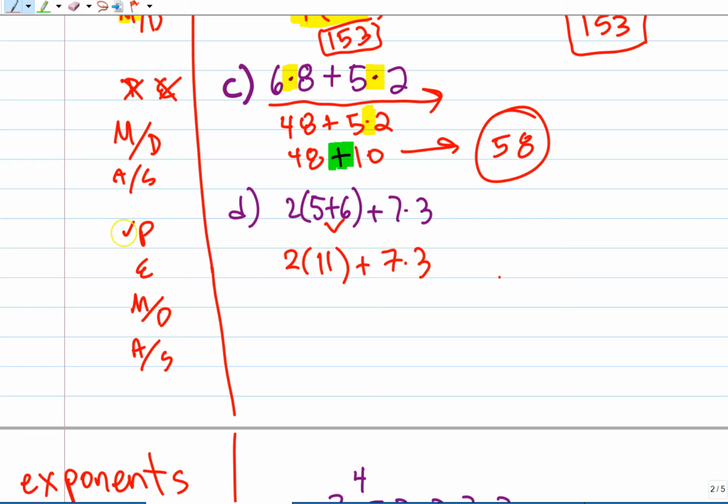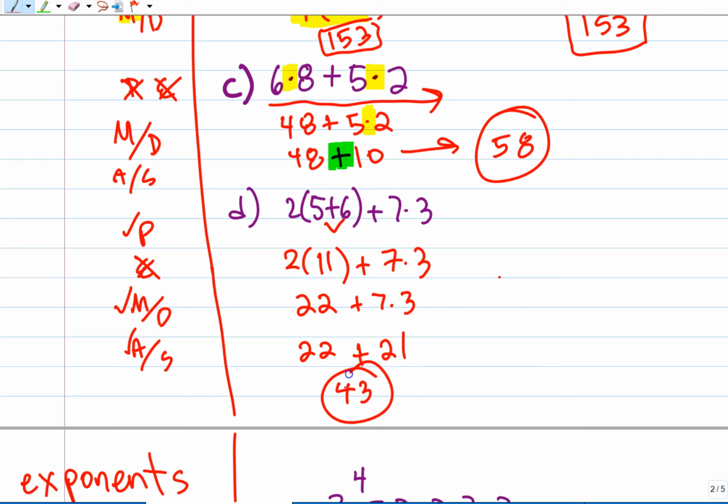Now, after we're done with the parentheses, no exponents here, so we do multiplying. 2 times 11 is 22. There is an implied multiplication there. We have those parentheses next to a number, which is a multiplication operation. I'll just bring down the rest of it. And our next step will be to finish multiplying. So 22 plus 21. And then adding that, we're looking at 43.